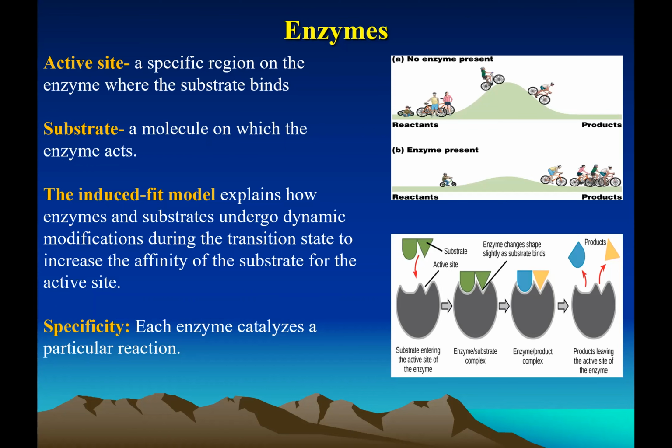It is called induced fit. The induced fit model explains how enzymes and substrates undergo dynamic modifications during the transition state to increase the affinity of the substrate to the active site.